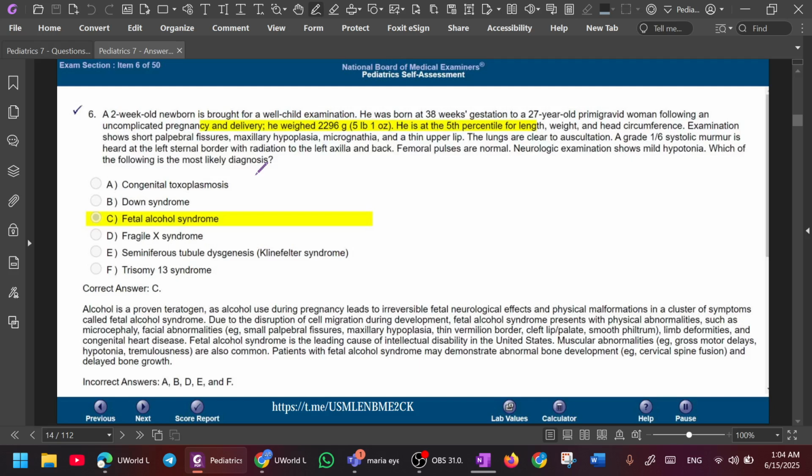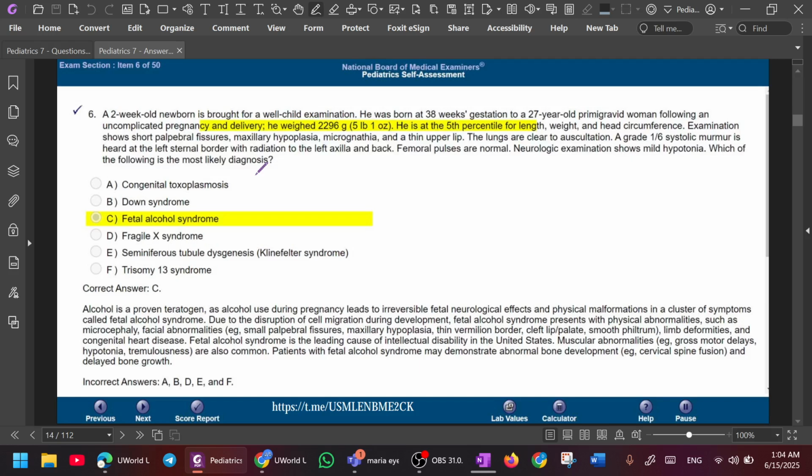Fetal alcohol syndrome is the leading cause of intellectual disability in the US. Muscular abnormalities, gross motor delays, hypotonia, and tremulousness are also common. Patients with fetal alcohol syndrome may demonstrate abnormal development like cervical spine fusion and delayed bone growth. It is not D, E, and F.